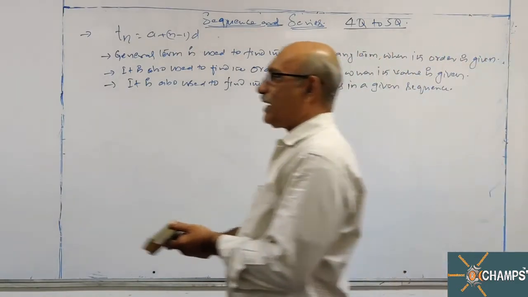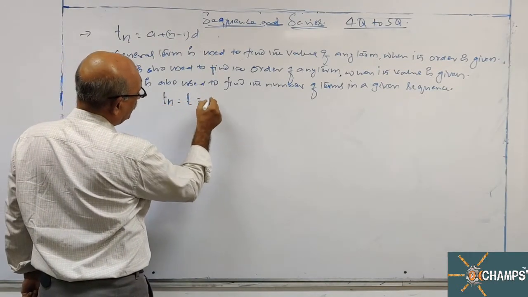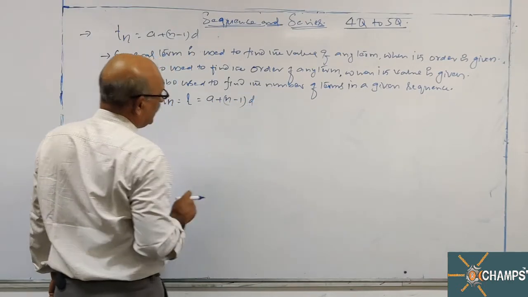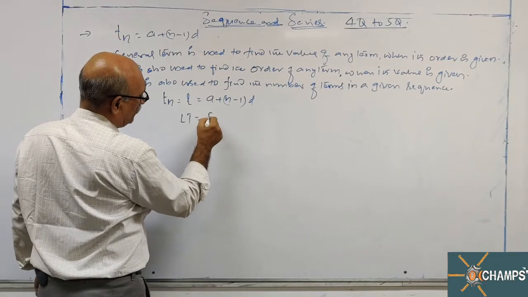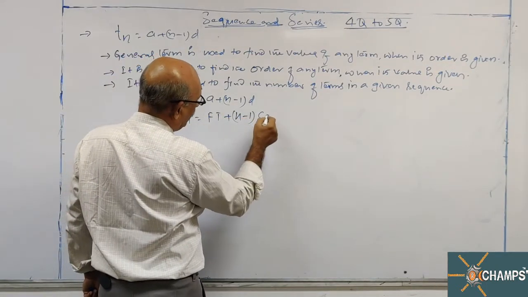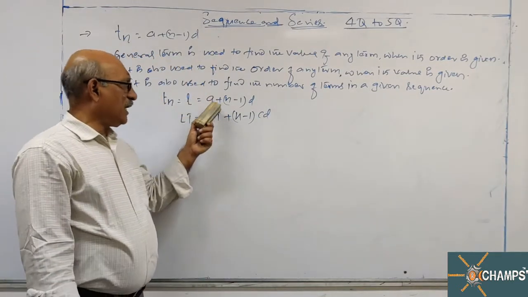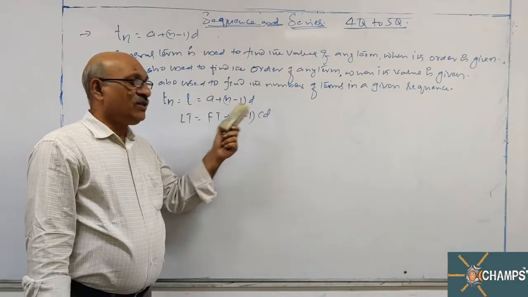Let's see how we can calculate. Tn is equal to L. This is a plus n minus 1 into d. So last term of the sequence is L, a means first term, and d means common difference.